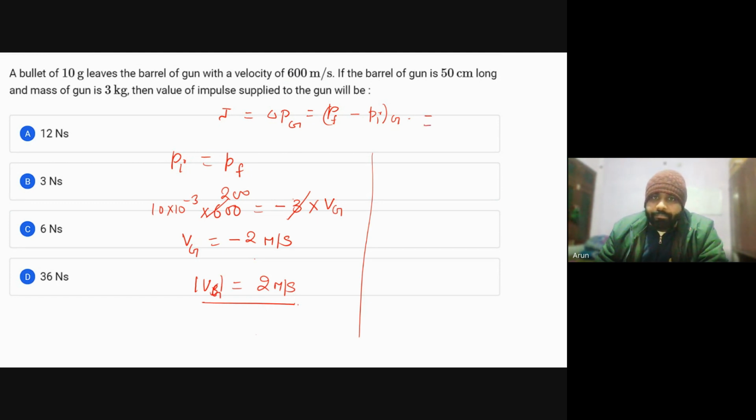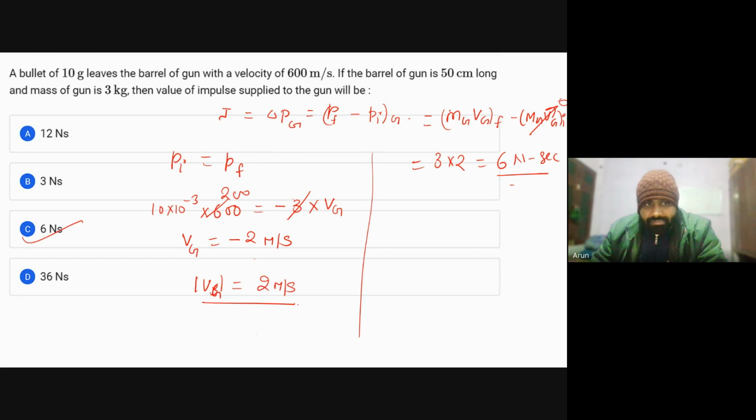The momentum imparted here is P final, which is mass of gun times final velocity of gun, minus mass of gun times initial velocity of gun. So it is 0 for the initial one, and final is 3 into 2, which equals 6 newton second. So this is the answer.